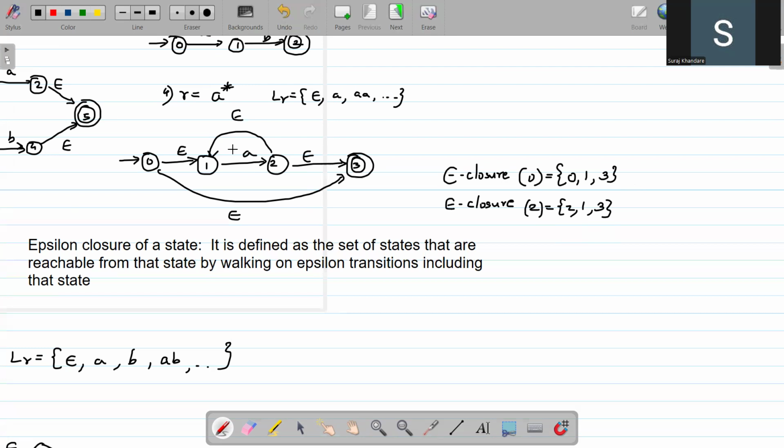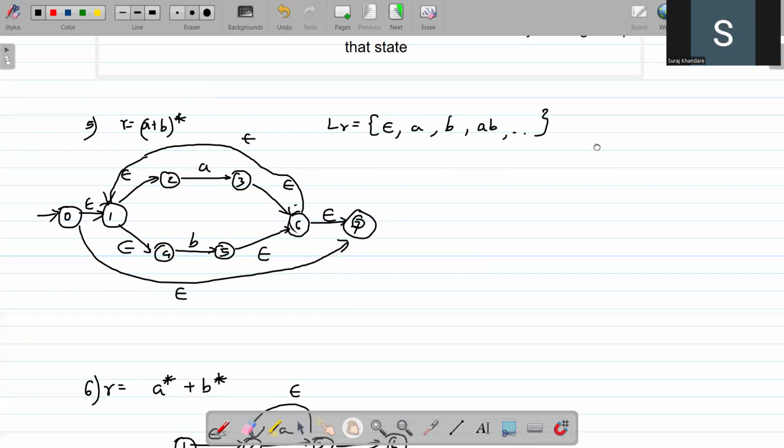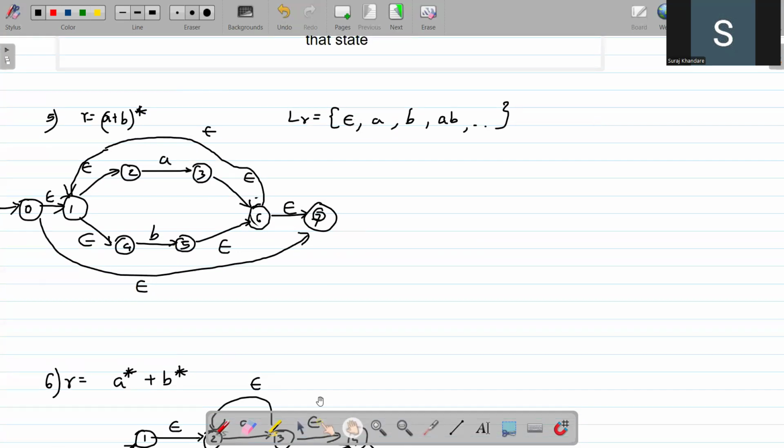We'll take one more example. R is equal to A plus B the whole star. In this, we'll find epsilon closure of 0. In the previous video, we have seen how to draw this NFA diagram.